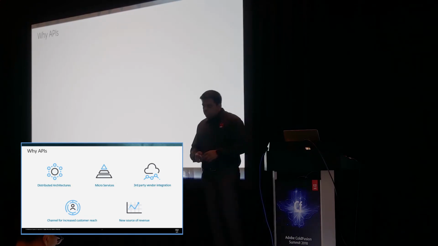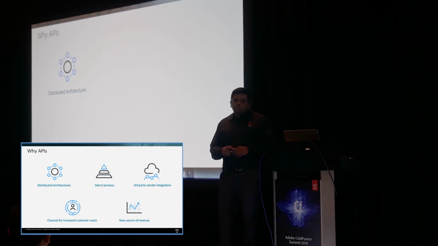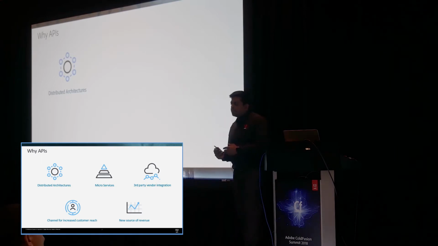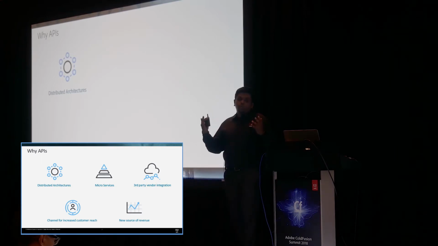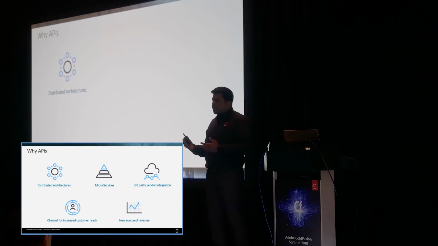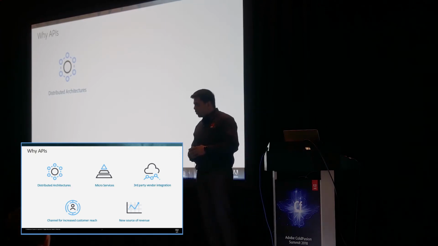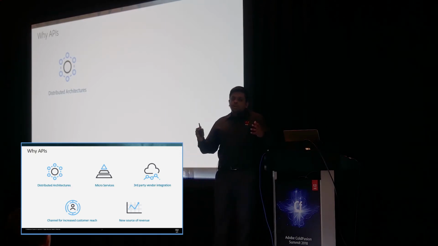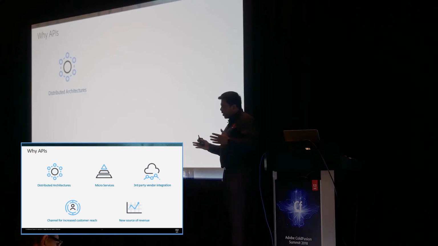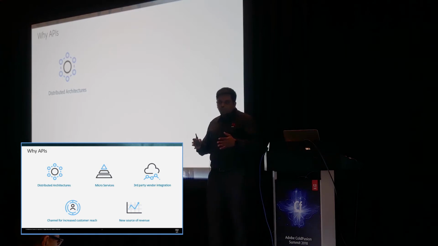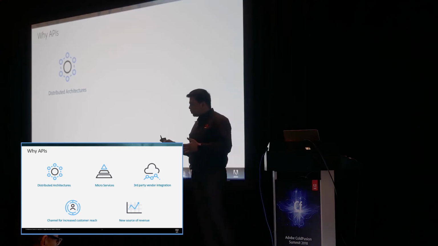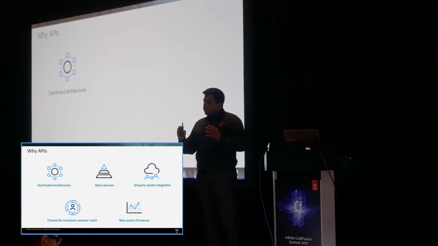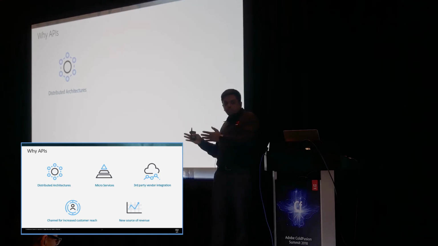That's a smaller use case, but here is one use case that I think is a reason why people would want to build APIs today: distributed applications. Today, nobody builds monolithic applications. You probably are building an application which has a web interface used by your customers, but you also have a desktop application probably used by administrators.